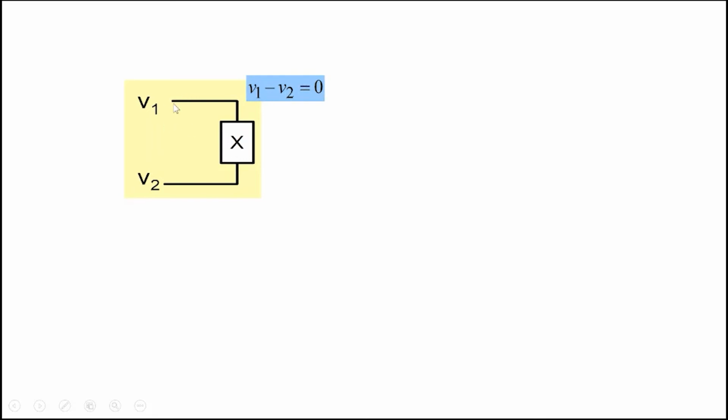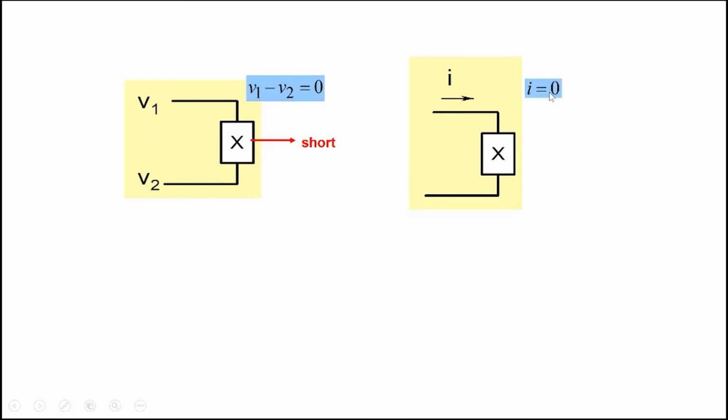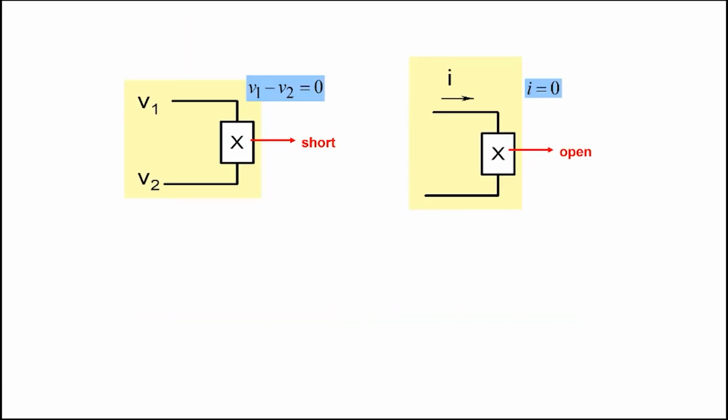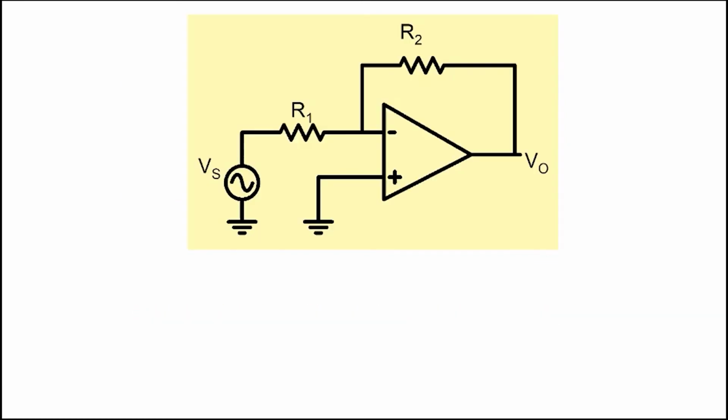If somebody tells you V1 minus V2 is 0, we would think this is like a short. On the other hand, if somebody tells you I is equal to 0 going through this particular one, you'll say it's like an open circuit. So can something be both a short as well as an open circuit? Well, our op-amp between these two terminals is behaving like this.